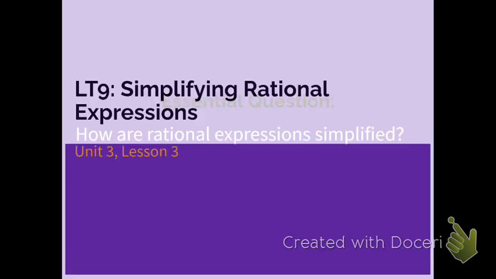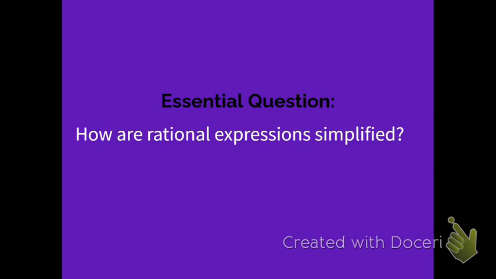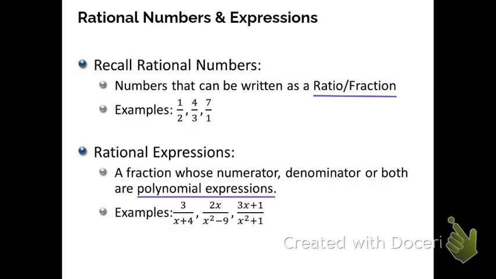So moving on here, our question of the day is that we want to know how can we simplify rational expressions. Now, one thing we want to keep in mind is we want to remember what rational numbers are, because that's going to help us understand what rational expressions are.